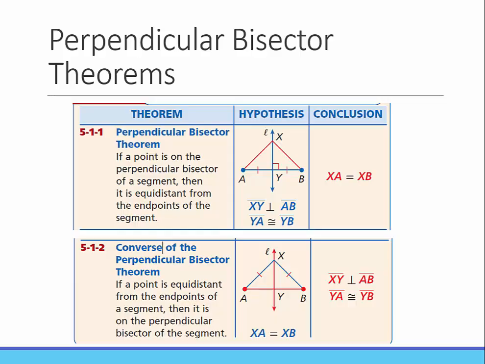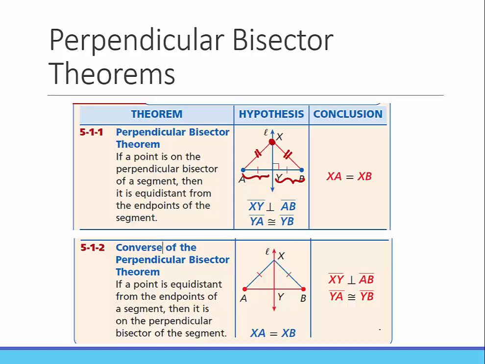So here the things that we're given are that XY and AB are perpendicular, and that because it's a perpendicular bisector, we end up with this being congruent to this. So now if there's a point up here, any point here, then it's equidistant from the endpoints of the segment, meaning that XA is congruent to XB.